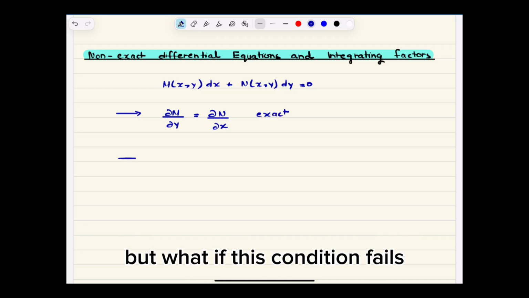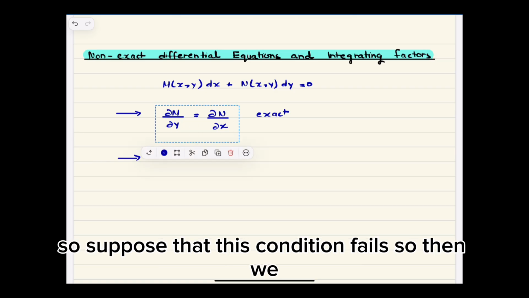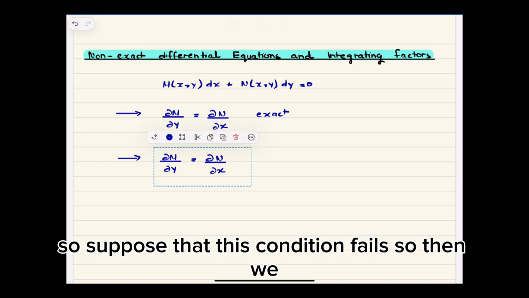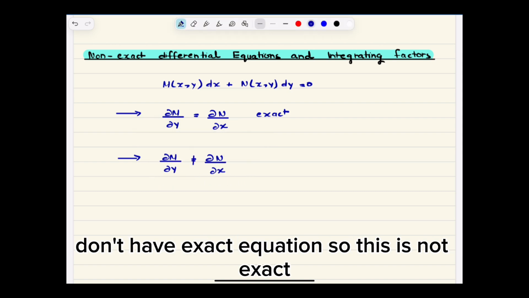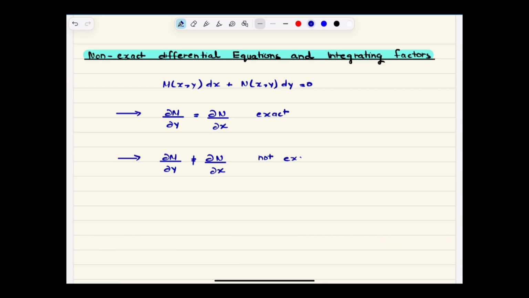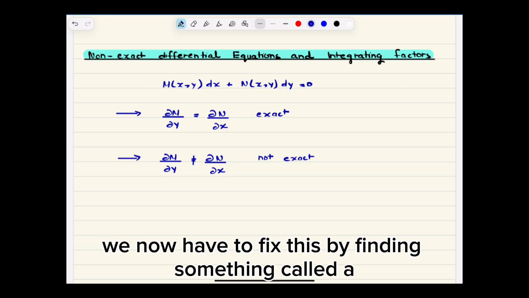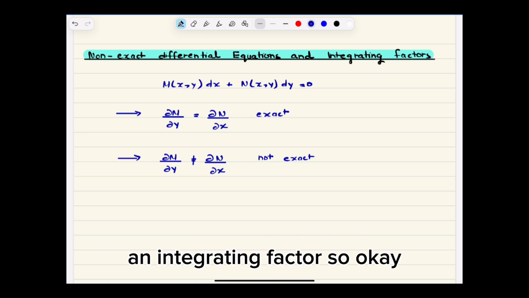But what if this condition fails? So suppose that this condition fails. Then we don't have an exact equation, so this is not exact. Therefore we now have to fix this by finding something called an integrating factor.